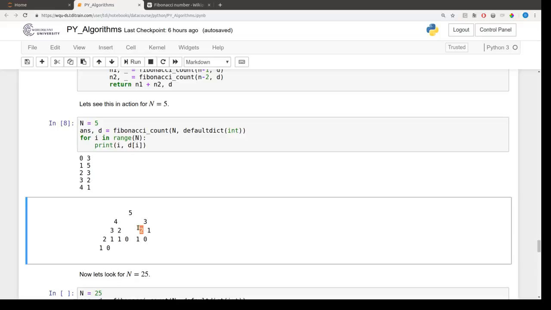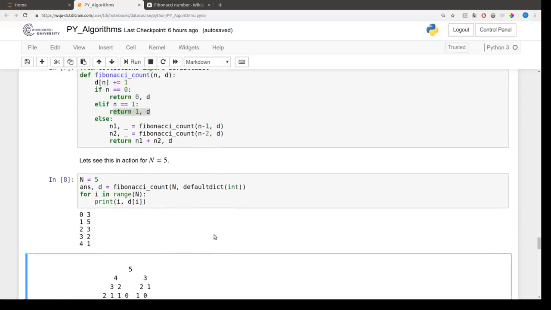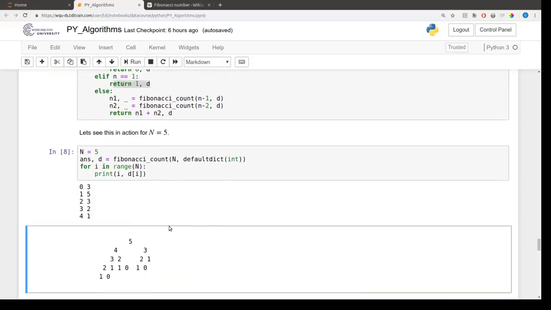And some fraction of those are going to be redundant. If we could remember the result of Fibonacci 2, we would only need to make the recursive call once to actually calculate the result. Then we could store it, and anytime we needed it in the future, we could simply reference the result we had already calculated.